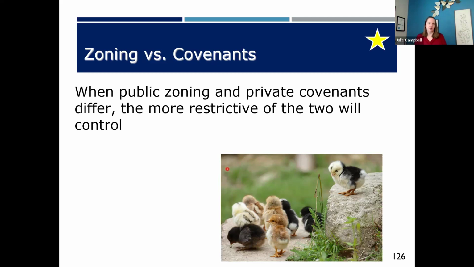Another good example, you might have zoning that allows for commercial and residential, this multi-use, multi-purpose zoning. So maybe it allows for both, which would allow you to live there, for example, and have your garage converted to a hair salon.